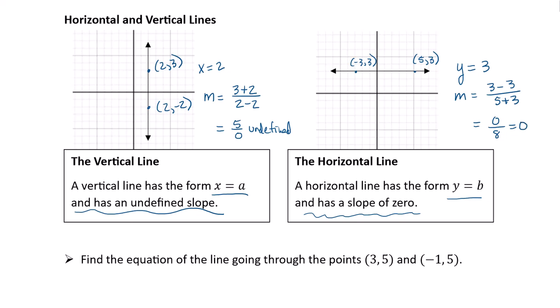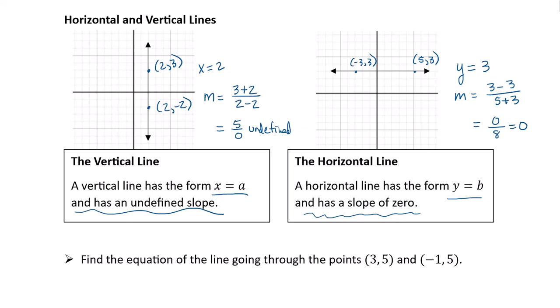And that's always going to happen because if your y values are the same, and those are the things that are being subtracted on the top of the slope formula, it's always going to be 0. So the slope of the horizontal line is 0.